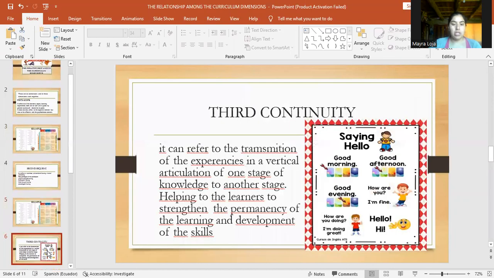Now, third is continuity, and it basically refers to the transmission of experience in a vertical articulation from one stage to another. In this case, certain information is going to be repeated, and this is going to help the students have permanency of the learning and develop their skills.